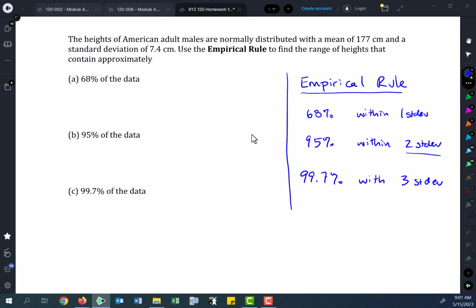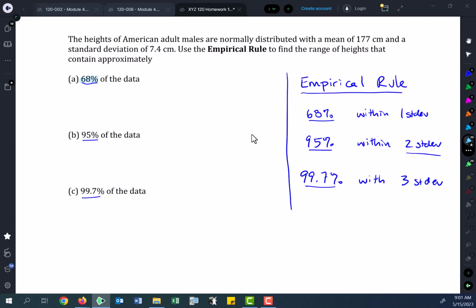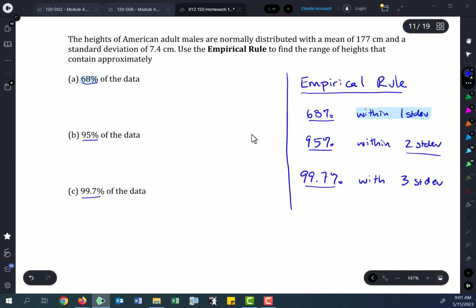Use the empirical rule to find the range of heights that contain approximately 68% of the data, 95% of the data, and 99.7% of the data. It's no mistake that these values match, because if they're asking for 68% of the data, we need to find the two values within one standard deviation that surround it. So how do we do that?